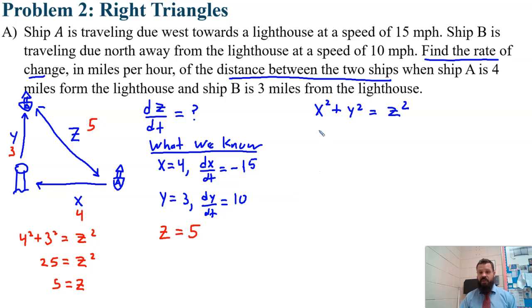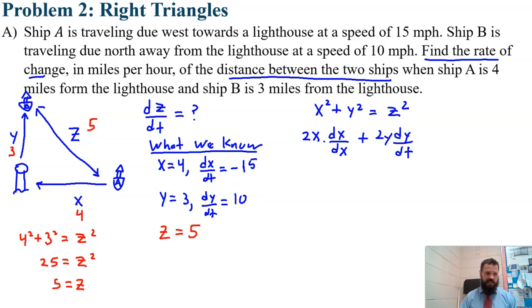Okay, so finding derivatives. Derivative of x squared is going to be just 2x, but we're going to multiply by dx over dt. Again, because we're not looking for the derivative with respect to x, we're looking for it with respect to t here, so we do need to use implicit differentiation. Plus same thing with the y, there'll be a 2y dy over dt.